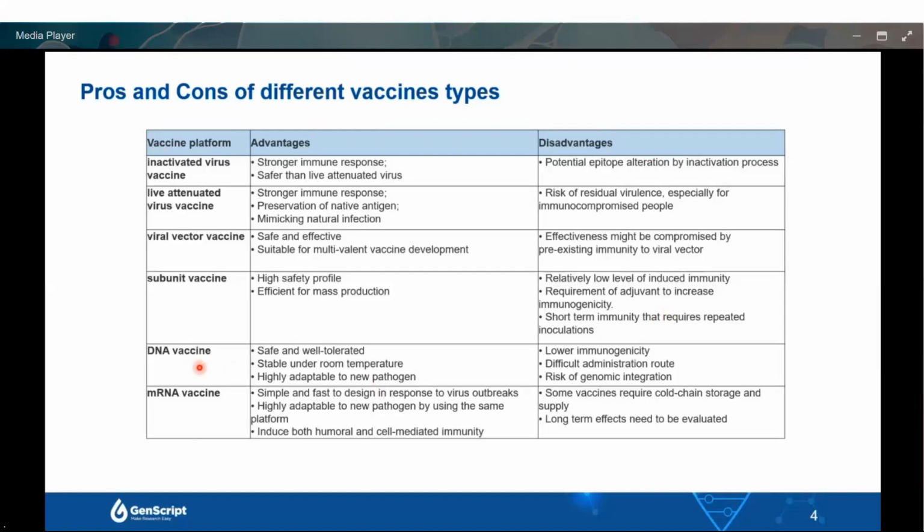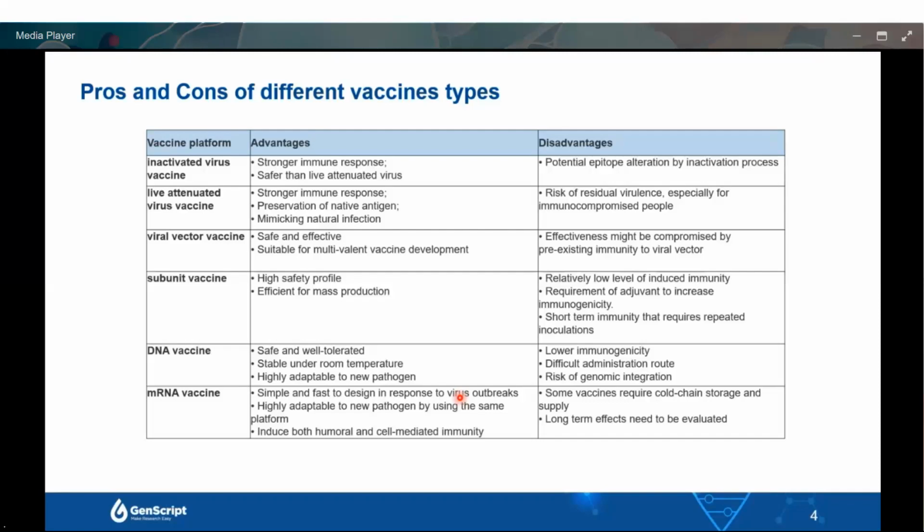For DNA vaccine, it's safe and well tolerated, stable at room temperature, and highly adaptable to new pathogens, but it has lower immunogenicity and a difficult administration route.